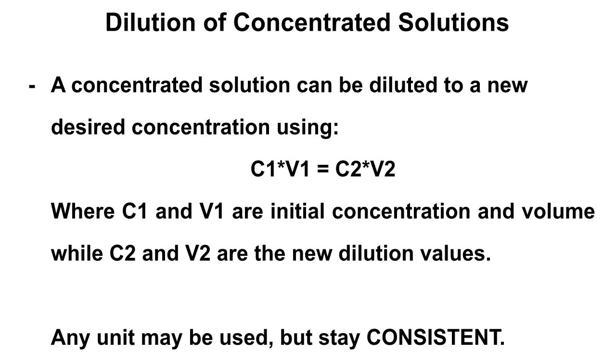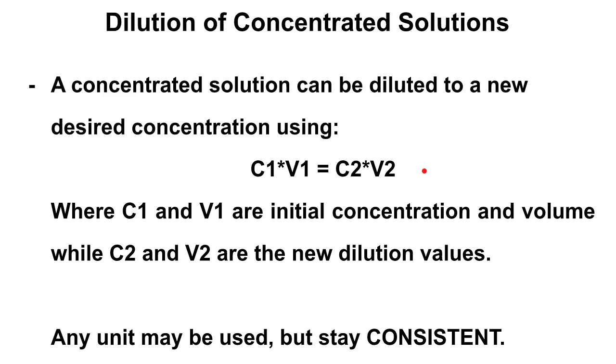Now, a concentrated solution can be diluted to a new desired concentration using this formula right here, C1V1 equals C2V2. You may have seen this in various forms. A lot of people will call this M1V1 equals M2V2, which is molarity if you were specifically looking at that, but it can be used as any general concentration.